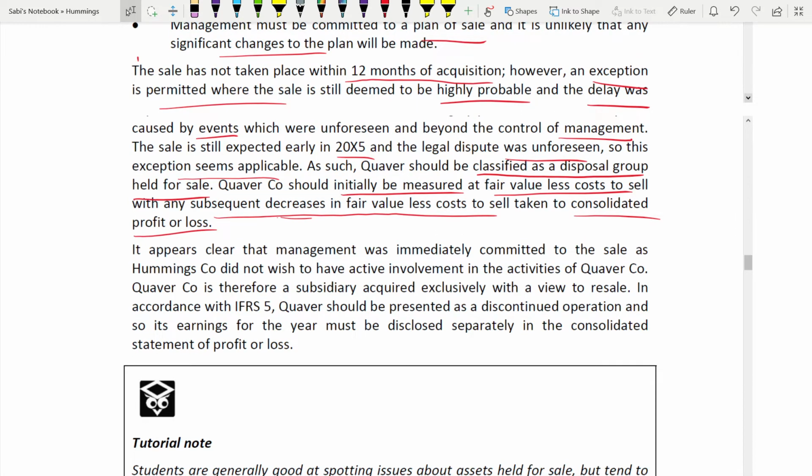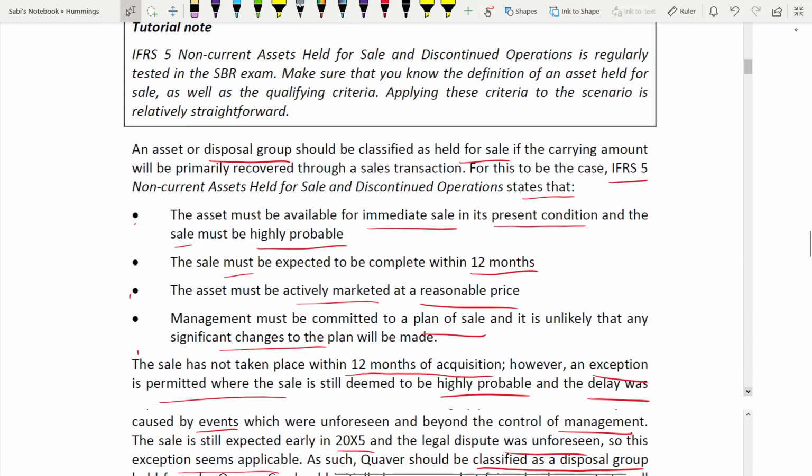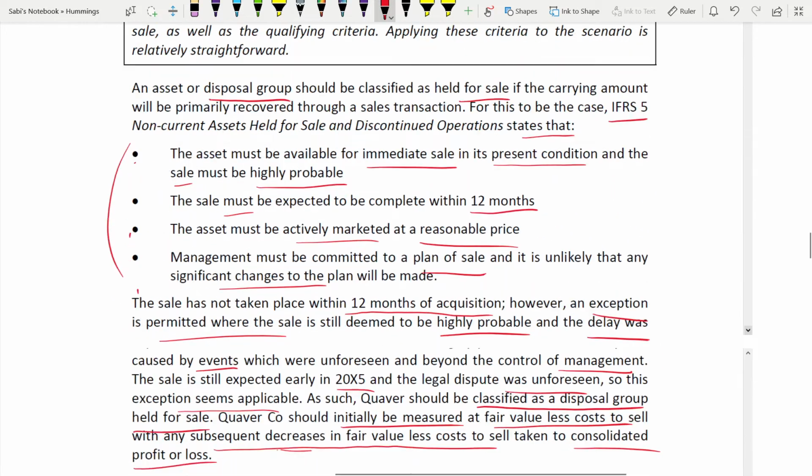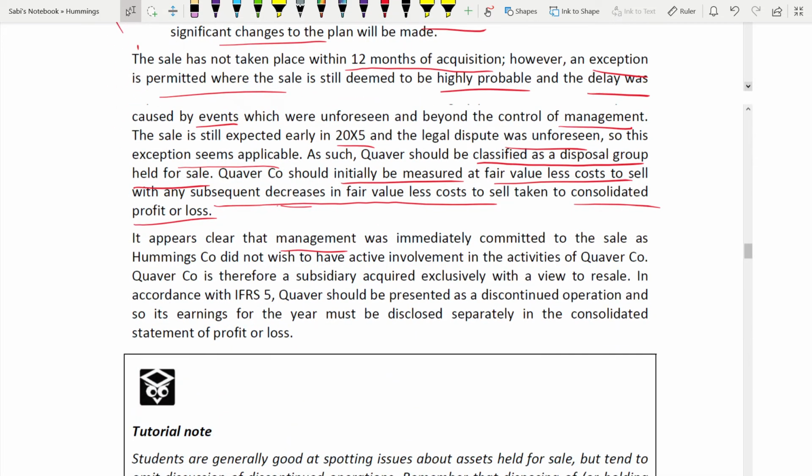Up till this we were talking about the condition that the exception worked. Now we are talking about, from the case study, whether this will be a discontinued operation or not. The 4 bullet points that we mentioned here, we make sure that we cover all those in our case study. In this case, management is immediately committed to sell.